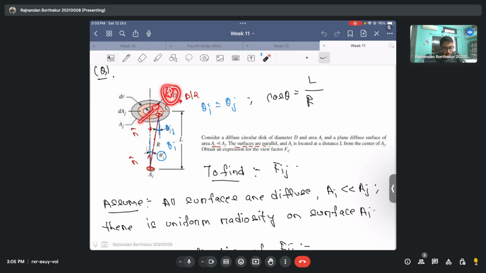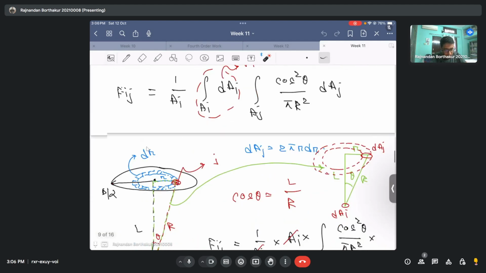So what we need to do is choose a small strip. So what we did is we chose a small strip in this disk, found the differential view factor associated with this small strip, and then integrated it from radius 0 to d by 2. And that is what basically we did. Okay.